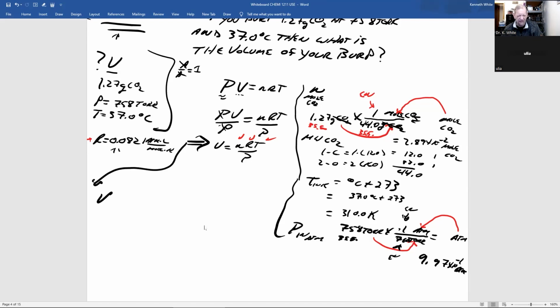I'm going to rewrite this over here. Volume, which I'm trying to find, equals nRT over P. And now my moles, which we calculated here, is 2.89 times 10 to the minus 2 moles of CO2. Next, we have the universal gas law constant, which is right here.